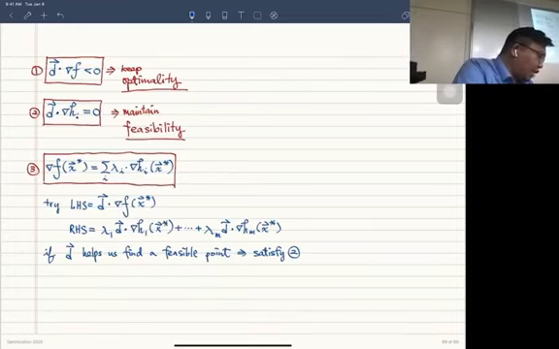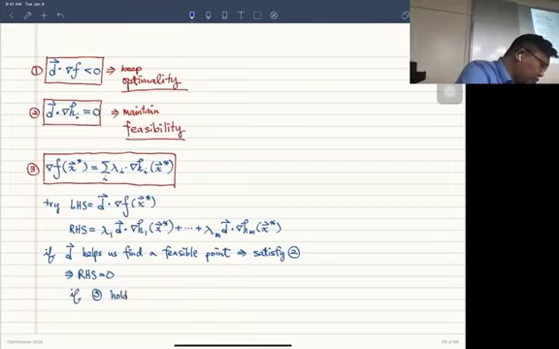Because if that's a feasible point, the right hand side becomes zero. And in that case, if equation three holds, then my left hand side becomes like this.